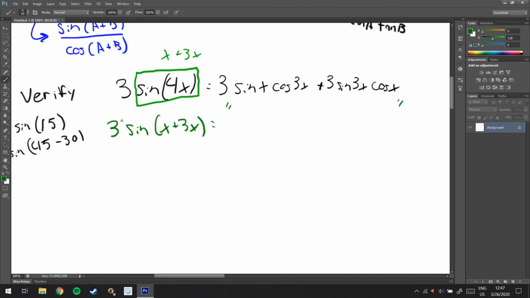Well, now I have 3. This is just a coefficient. It's not too important right now. We can just look at sine of x plus 3x. So I'm going to have 3 distributed to this. This is sine of a. Here's my a. Here's my b.